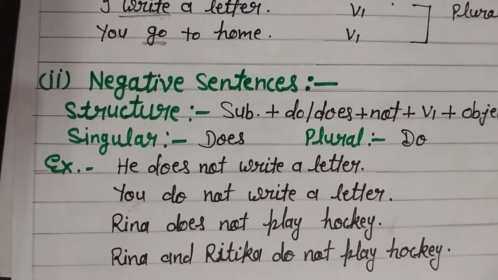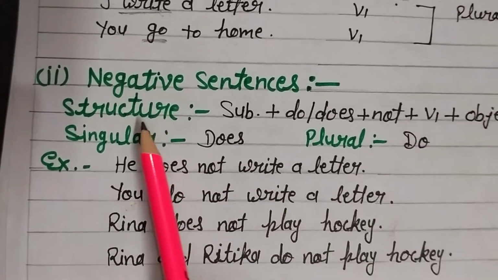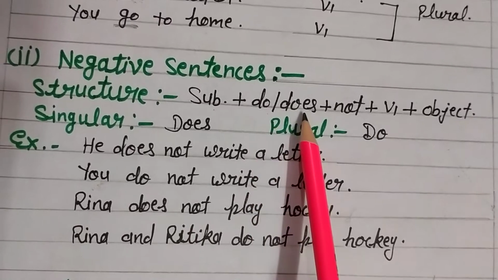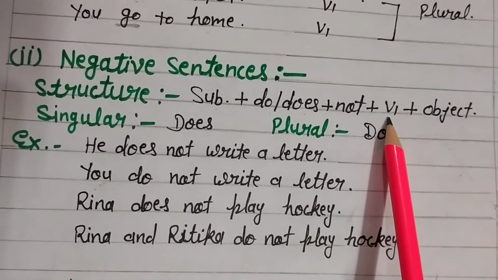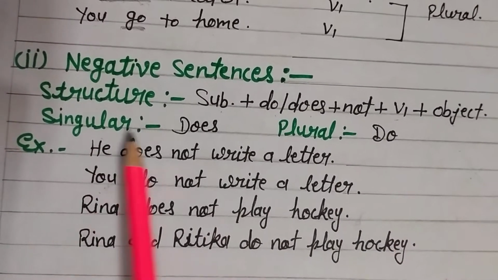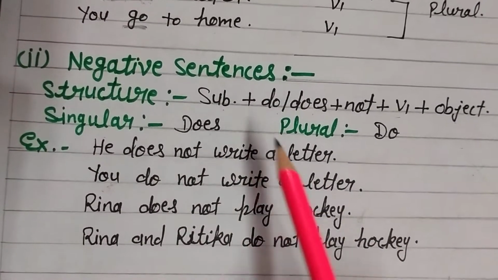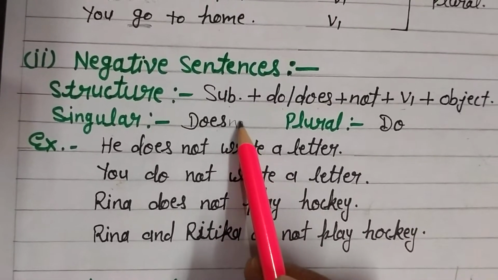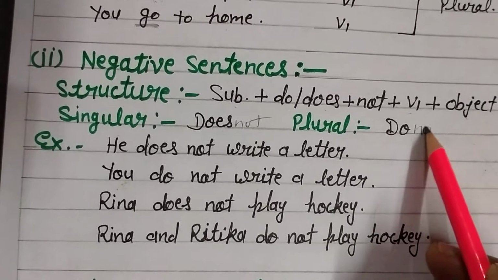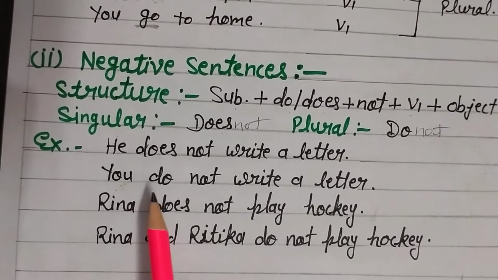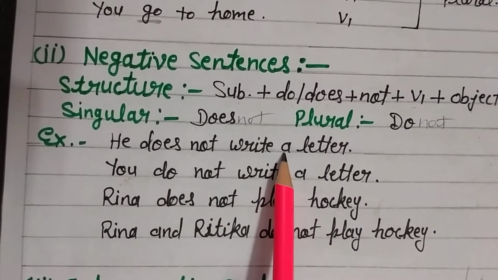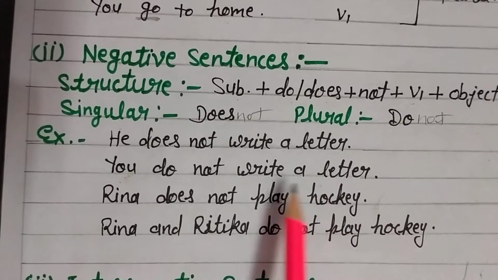A negative sentence. In a negative sentence, first of all we write the subject, then do not or does not, then verb's first form, and then object. In singular we use does, it means does not. Okay, and in plural we use only do not. Here are some examples. He does not write a letter. You do not write a letter.